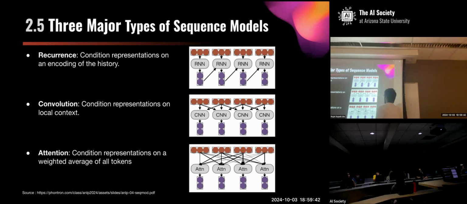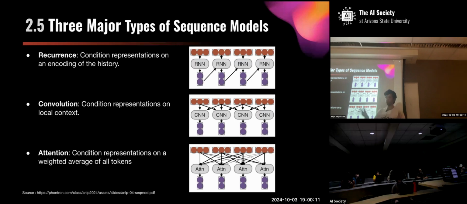Then convolution. You might have heard of CNN. It's very famous in image classification or speech problems. But in sequential modeling, recurrence and attention are the dominant models right now. Convolution is not used so much in language. It is used generally in image and speech processing. The reason is that in language, every token has a semantic meaning as such.